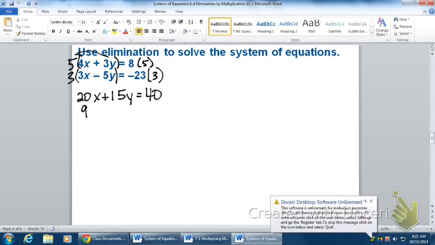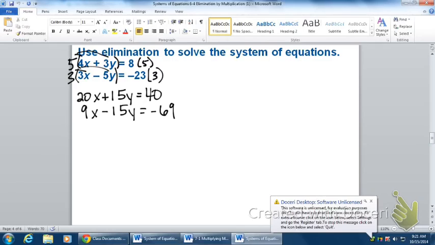This leaves me with a 9x. All I'm doing is distributing the bottom equation. Minus a 15y is equal to a negative 69.